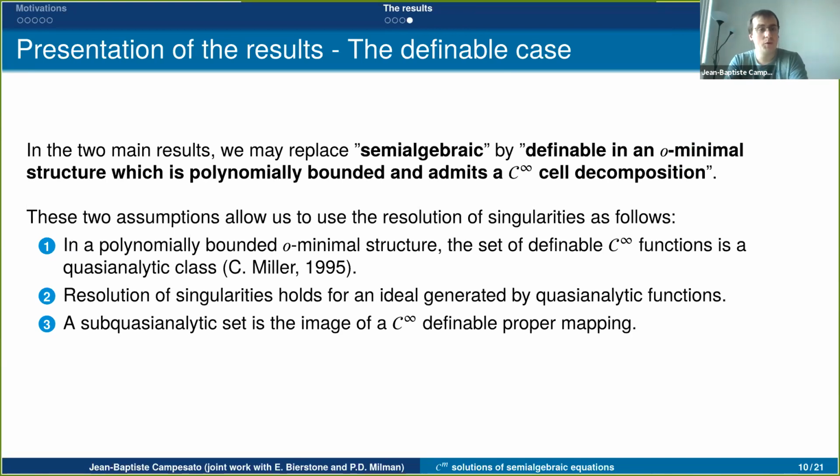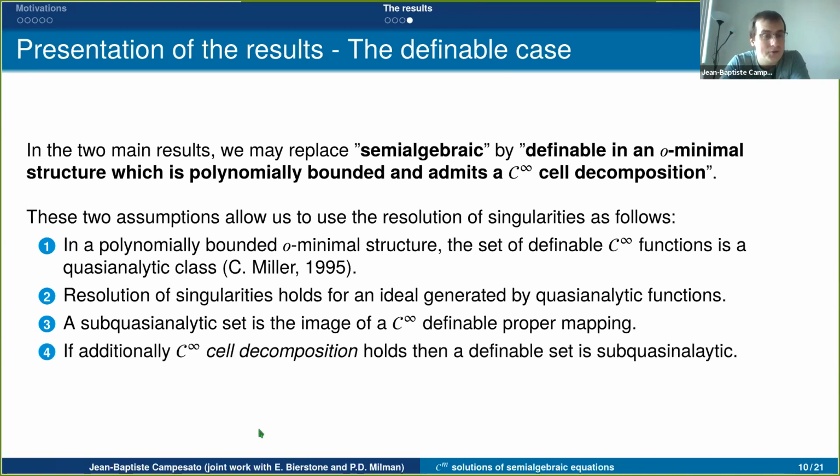The issue is that we would like to work with not only the sub-quasi-analytic sets, but with all definable sets. And that's where this C-infinity cell decomposition is going to be of interest, because if we add this extra assumption, then by a C-infinity cell decomposition, any definable set is actually sub-quasi-analytic. So when we have these two assumptions, we can prove that any definable set is the image of a definable C-infinity proper mapping.